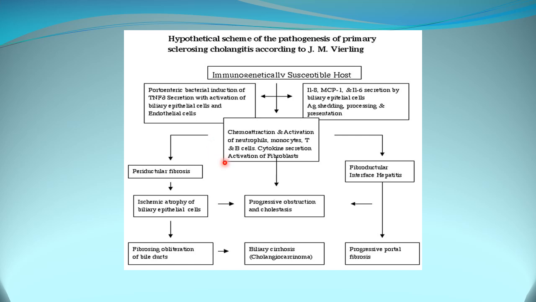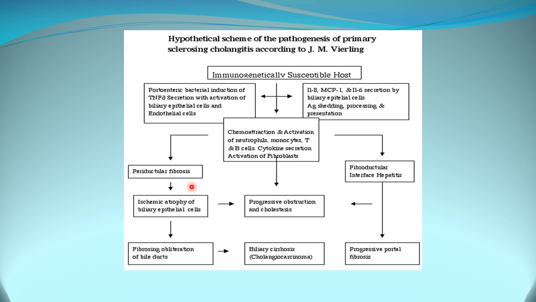This will cause progressive obstruction and cholestasis. And this activation of T and B cells, monocytes, and neutrophils will cause fibrodactylar interface hepatitis. Releasing cytokines will cause destruction of the liver hepatocytes, causing interface hepatitis, and there will be periductal fibrosis also because of the activation of stellate cells.